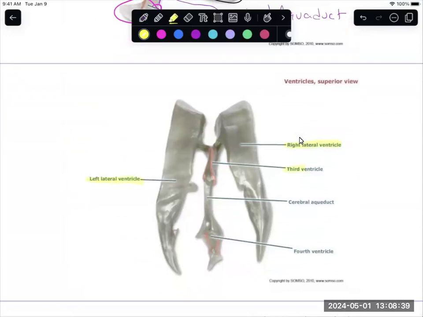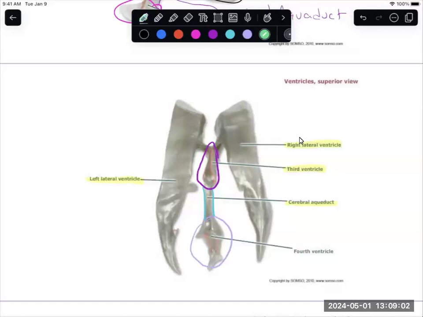That third ventricle that came down in the middle, so that third ventricle is kind of through here. Here you can see that cerebral aqueduct much better. So this is the area that comes down through here, and then that fourth ventricle down at the bottom.